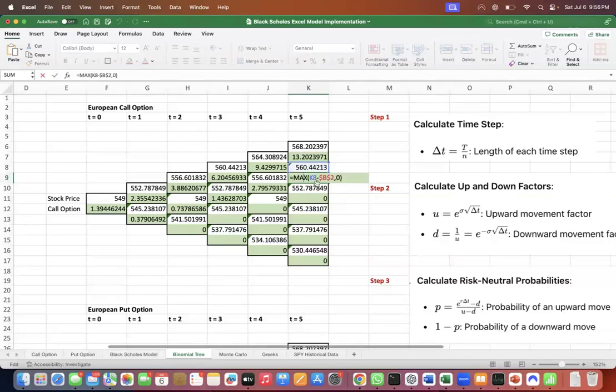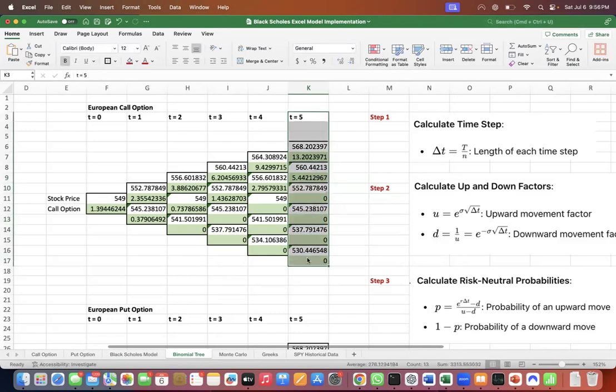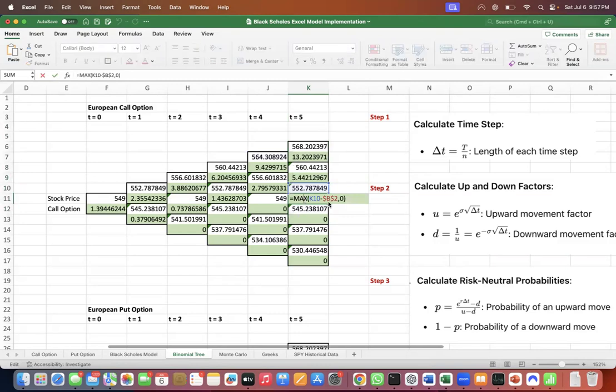So maximum of St, which is your stock price, minus K. Similarly, maximum of St minus K comma 0, maximum of St minus K comma 0. So always remember, you will use the formula only at the final node, or you can say only at the maturity. This is how the formula will flow. Just use the option price formula to calculate the option price at the maturity.